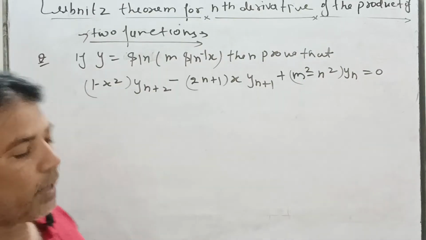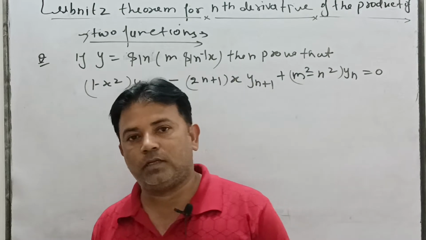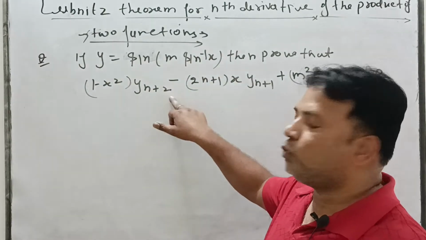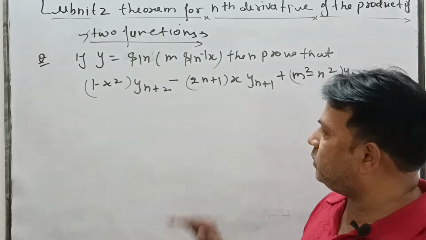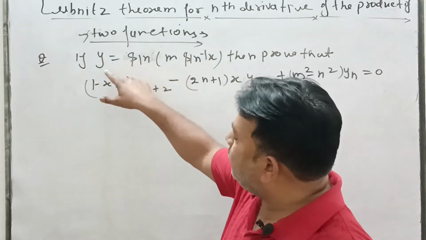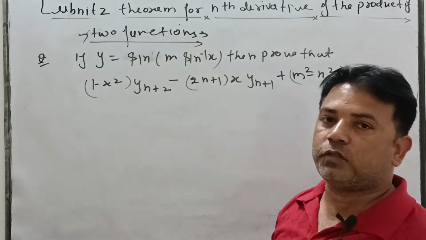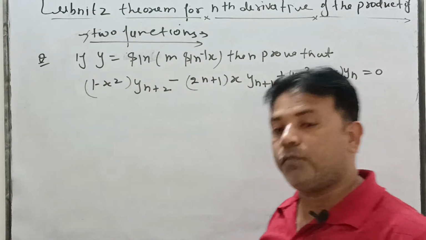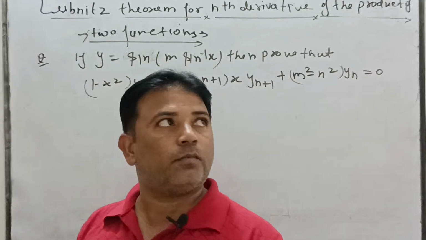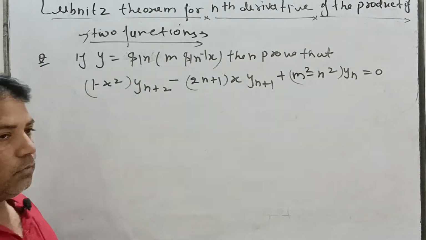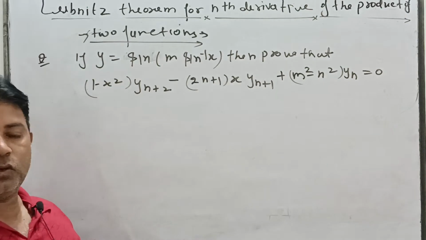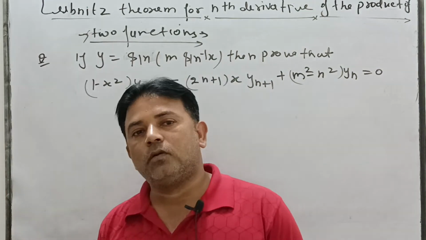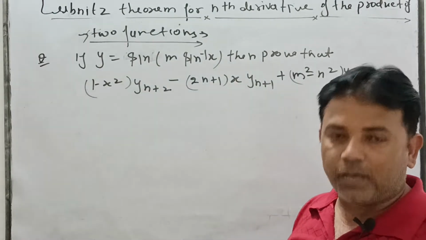The Leibniz theorem finds the nth derivative of the given function, but here we must find the (n plus 2)th derivative, two more than n. So we also discuss the n plus 2 times differentiation.